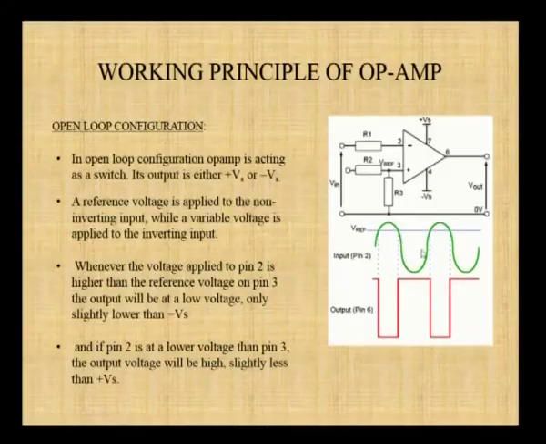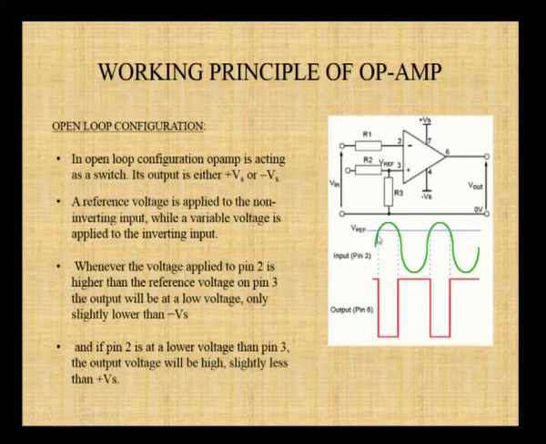It is also shown in the graph. The input signal is crossing this V reference. Until this point, V reference is higher and the input signal is lower. Since the input signal is given to the negative terminal, and it is lower than the V reference, the output voltage is positive until that point.